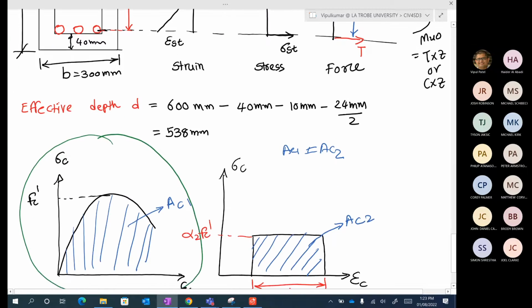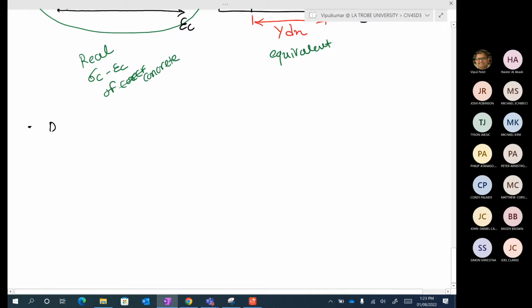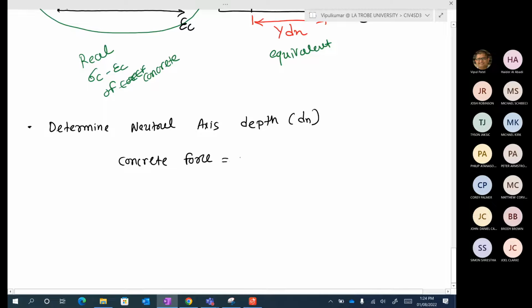So let's say you want to determine the neutral axis depth dn. How do we find that? Concrete force equal to tension force, right?